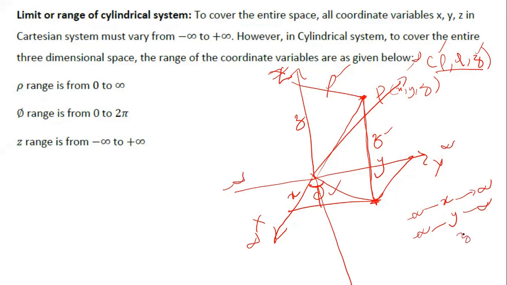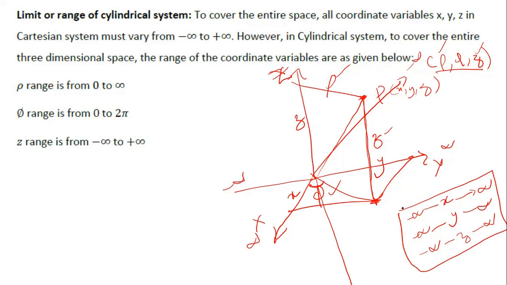Similarly, if you vary your z variable from minus infinity to plus infinity, you can represent any point along the z-axis. So if I consider these coordinate axes extending from minus infinity to plus infinity, I can cover the whole space.